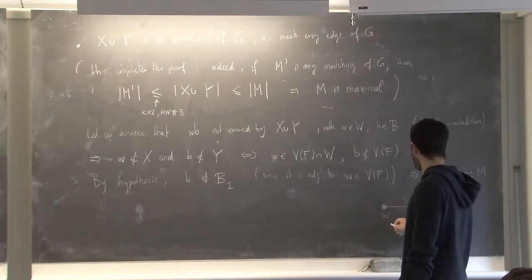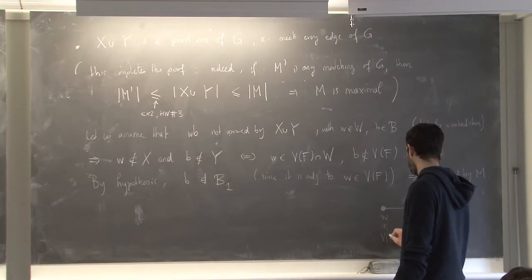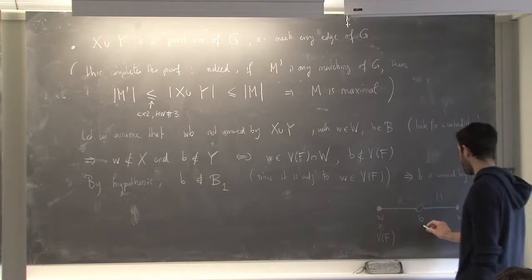And so we have that W is in V of F, and B is not.